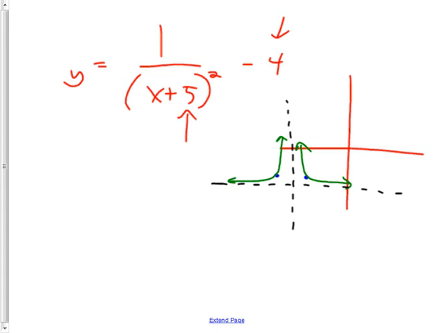Now, what's your best friend in graphing? XY chart. If I just check one point and make sure it's on there, wouldn't it be logical to check one of your main points? They were shifted 4 to the left. So if I did that correctly, actually I shouldn't have put in those dashes like that.